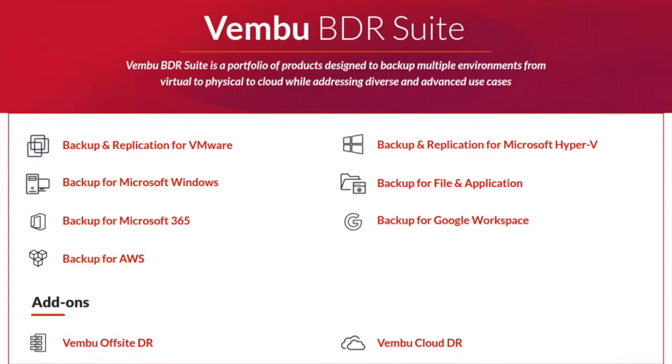With Vembu BDR Suite version 5.0, you can back up your virtual environment, you can back up your physical environment, you can have a granular backup of your virtual and physical environment, you can back up your cloud instances, and you can back up your SaaS-based applications.